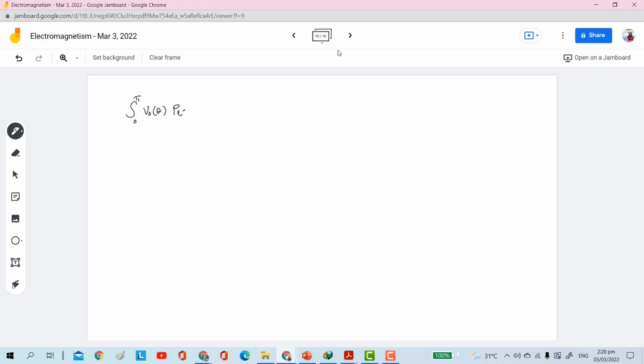So, you have P sub L prime of cosine theta sin theta d theta. This is equal to, ipagawas nato tong A sub L, and then you have R raised to the power of L, and then inside the integral sign is P sub L cosine theta, P sub L prime cosine theta.